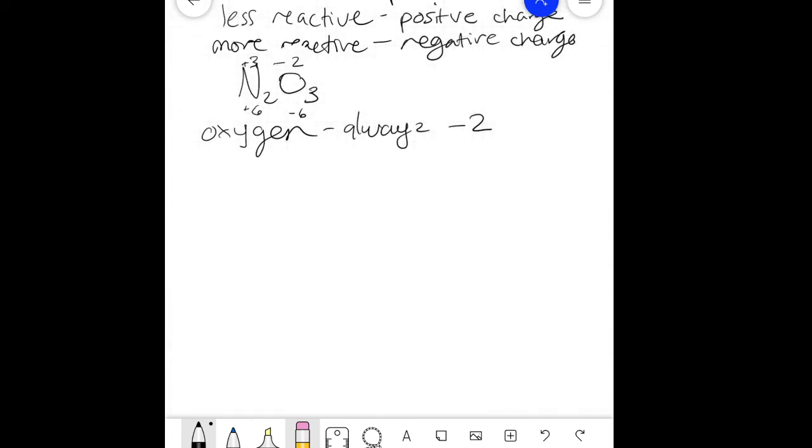Okay, so the sum of all the oxidation numbers of all the elements in a compound will equal 0. So if you had KCl, +1 -1, that equals an oxidation number of 0. If you're in a polyatomic ion, say SO4, the sum of all the oxidation numbers is going to equal the ion charge.